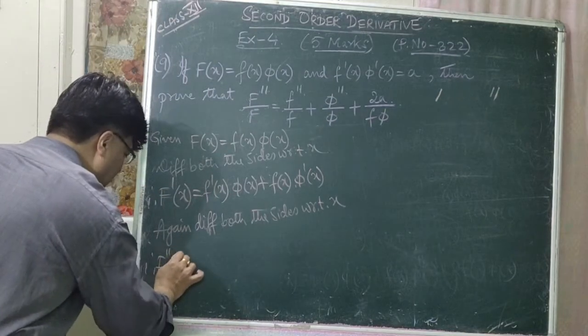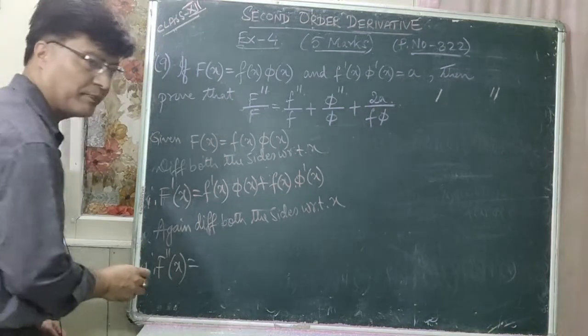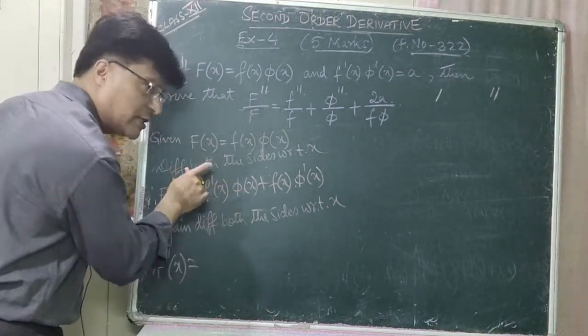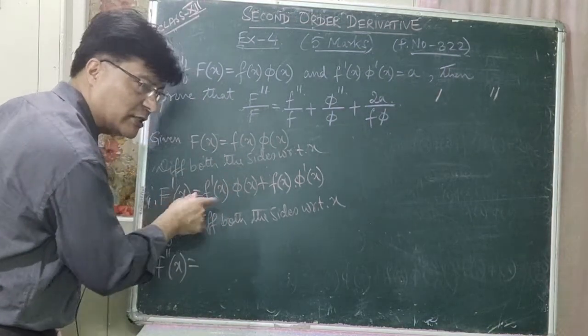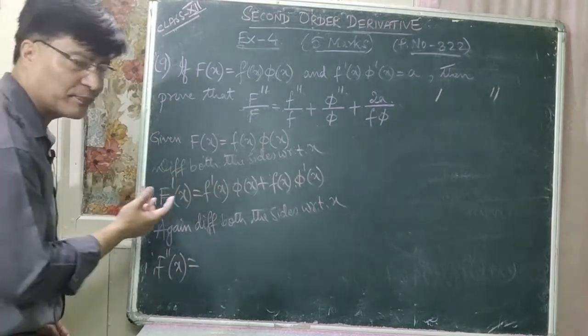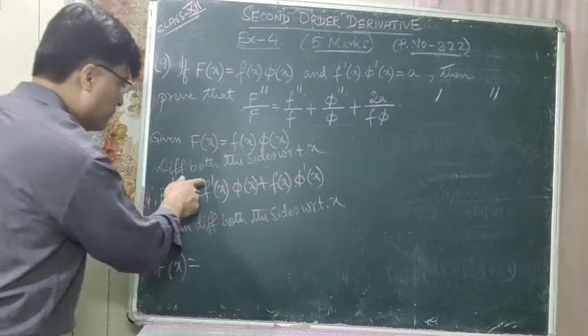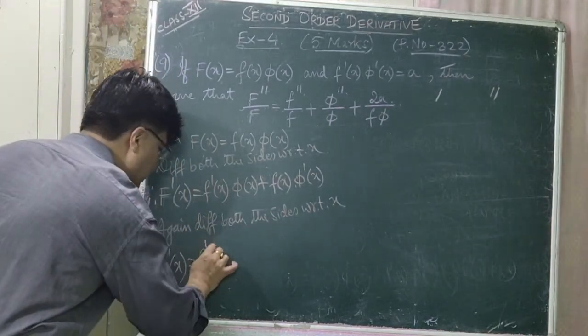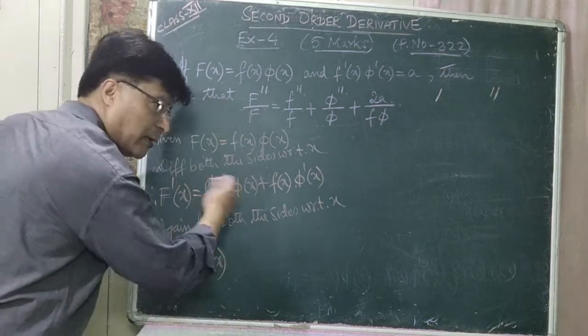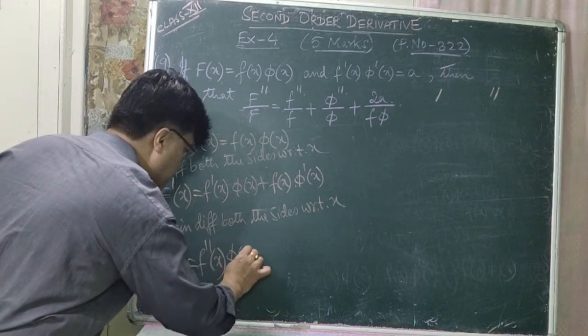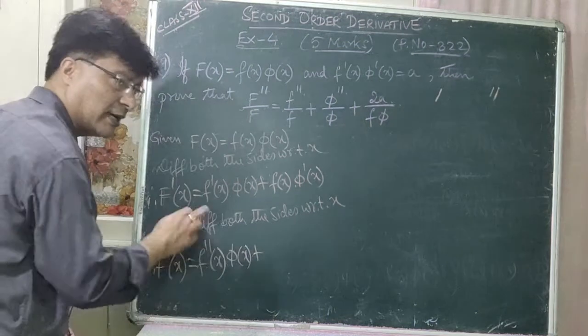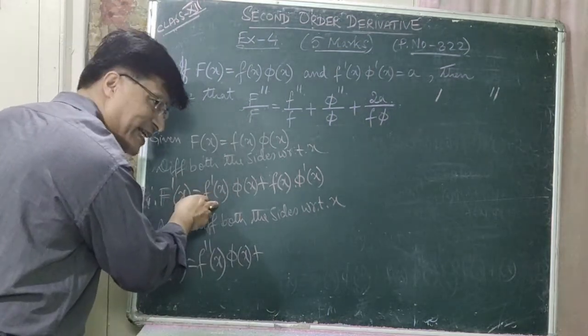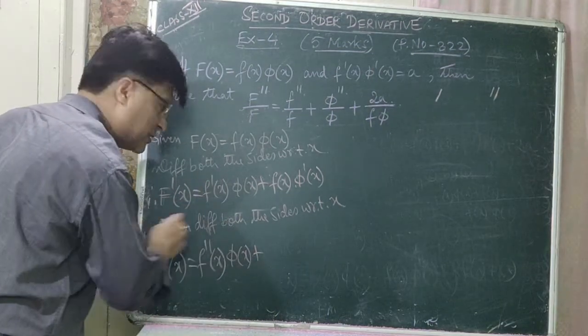Capital F double dash of x is equal to, for the first function this is the product of two different functions. Here also you have to use UV rule. So take the differentiation of the first function, what is it? f double dash of x, keeping the second function as it is, phi of x, plus again keeping the first term as it is, take the differentiation of the second term.